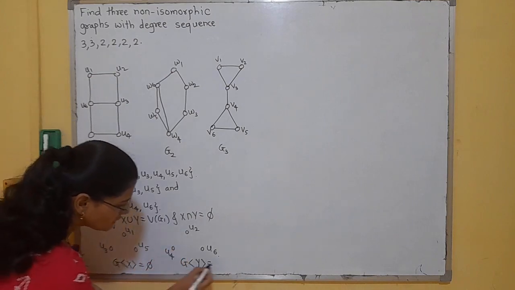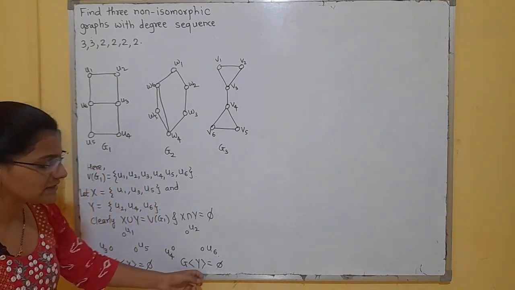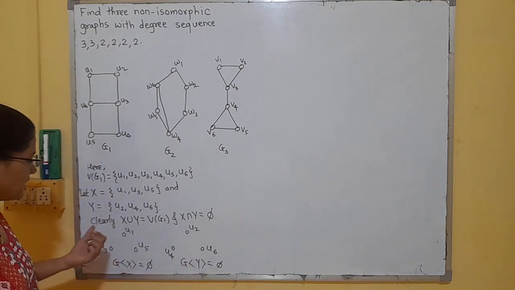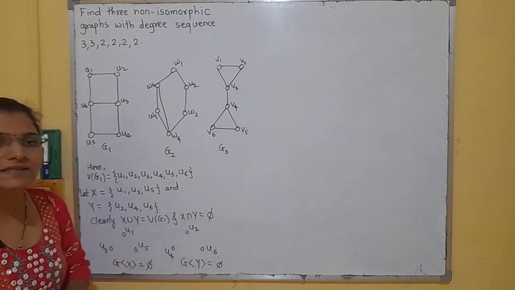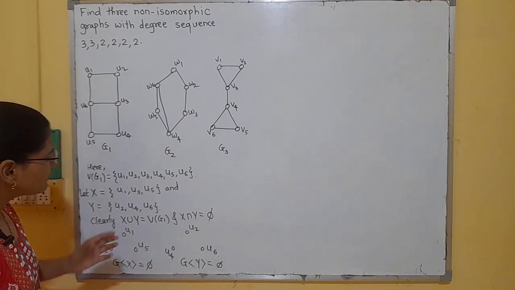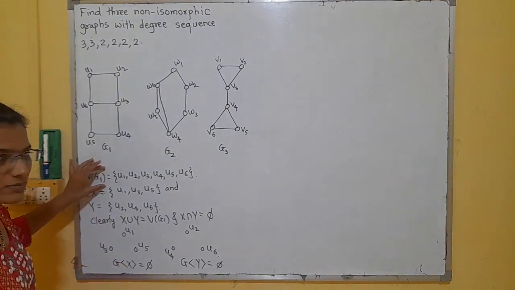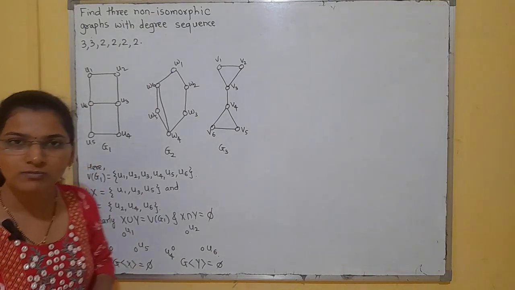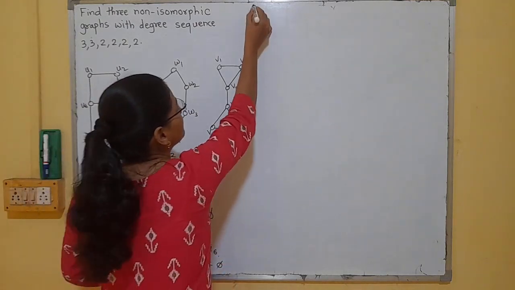So this graph is also a null graph, that is, the vertex induced subgraph on X and the vertex induced subgraph on Y are null graphs. Along with the condition that X union Y is the vertex set of G1 and X intersection Y is empty, that means X and Y is a partition of the vertex set of G1 which satisfies all the conditions required for a bipartite graph. Therefore, G1 is a bipartite graph.